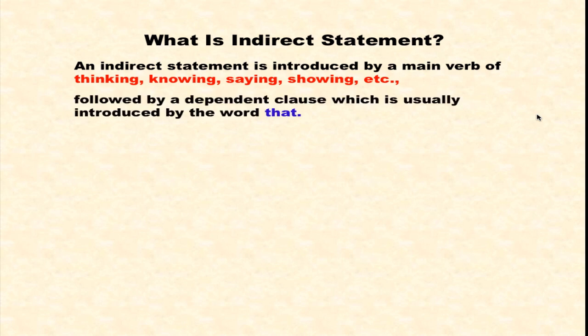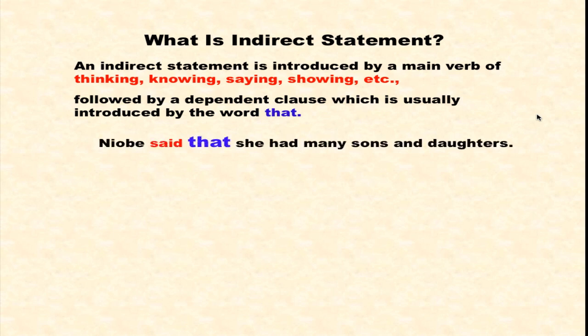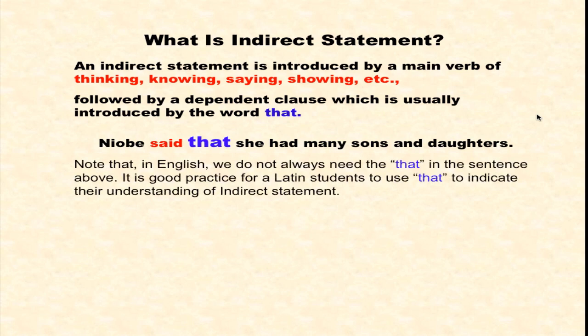This verb is followed by an independent clause, which in English is introduced by the word that. So, Niobe said that she had many sons and daughters. Note that in English, we don't always need the "that" in the sentence. I could say, Niobe said she had many sons and daughters. But it's good practice for students of Latin to put the "that" in there, just to be sure that we know that it's indirect statement.